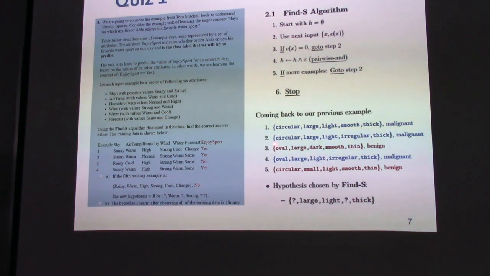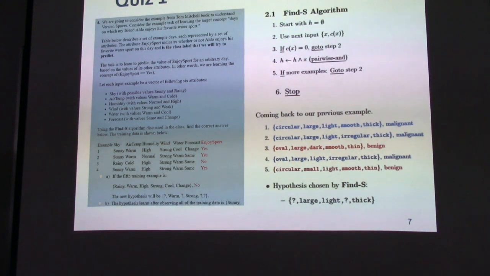So in the first round we get circular, large, light, question mark and sick. And this is a negative example, so we just ignore it. We come to the fourth example, and here it is oval, so it's different. So it should be question mark, large, light, question mark and sick. So we finally get the hypothesis by the Find-S algorithm.